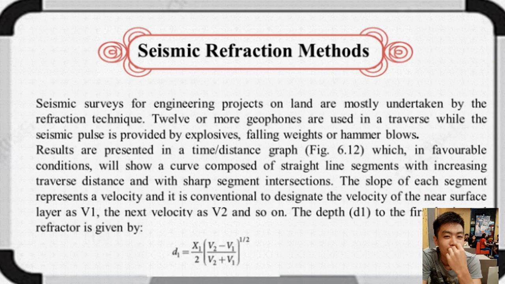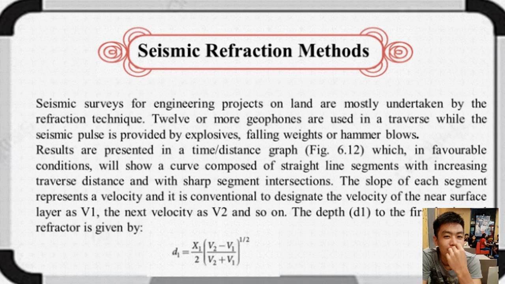Seismic refraction methods. So, sa mga engineering nga project sa lupa, mao ni kasagaran ginagamit nga method. So, ang pamaagi ani nga method kay 12 or more geophones are used in traverse, while the seismic pulse is provided by explosives, falling weights, or hammer blows.